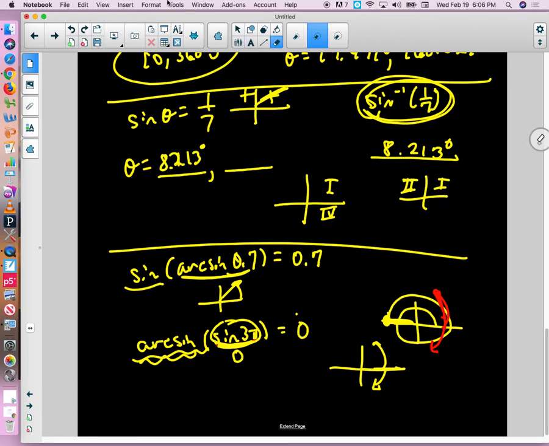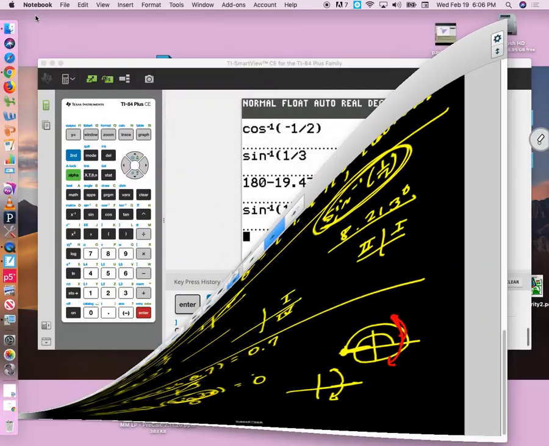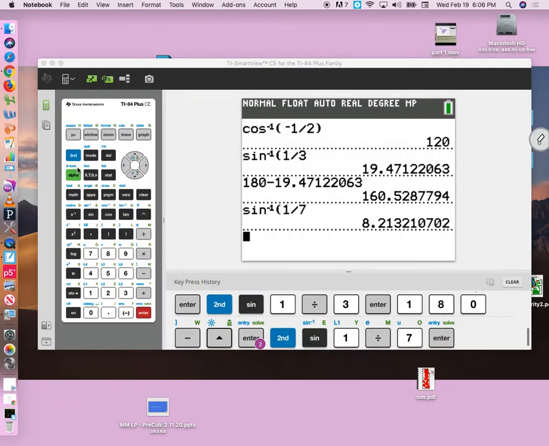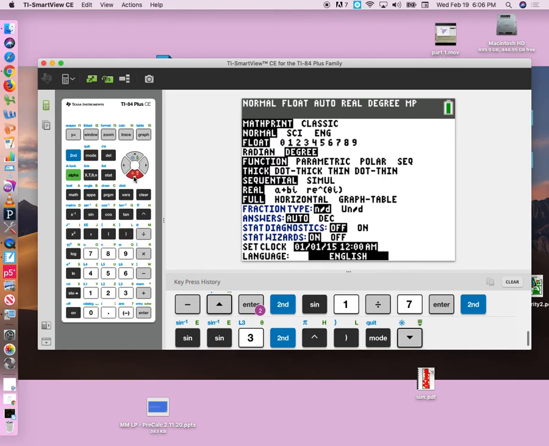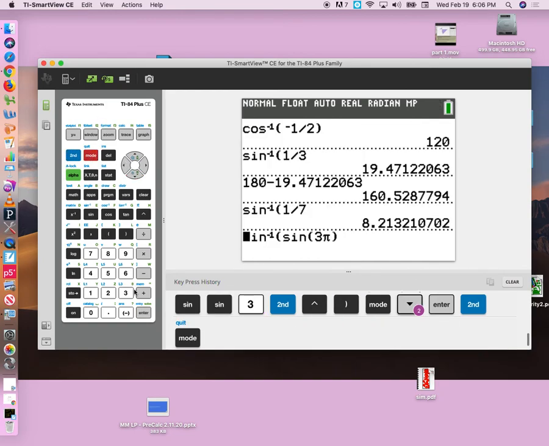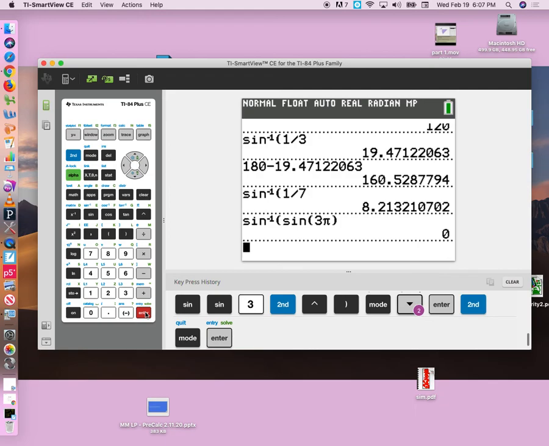Let me show you what I mean. Arc sine of the sine of 3 pi. And let me change my mode. Let's go to radians because that's what I'm working in now. And it'll tell me 0.